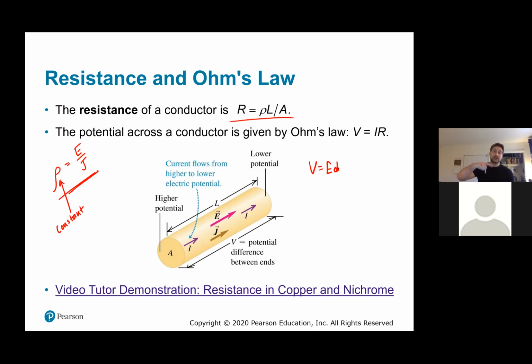And if we go in the direction along the length, we just start talking about E and L. The current density J is current over cross-sectional area.